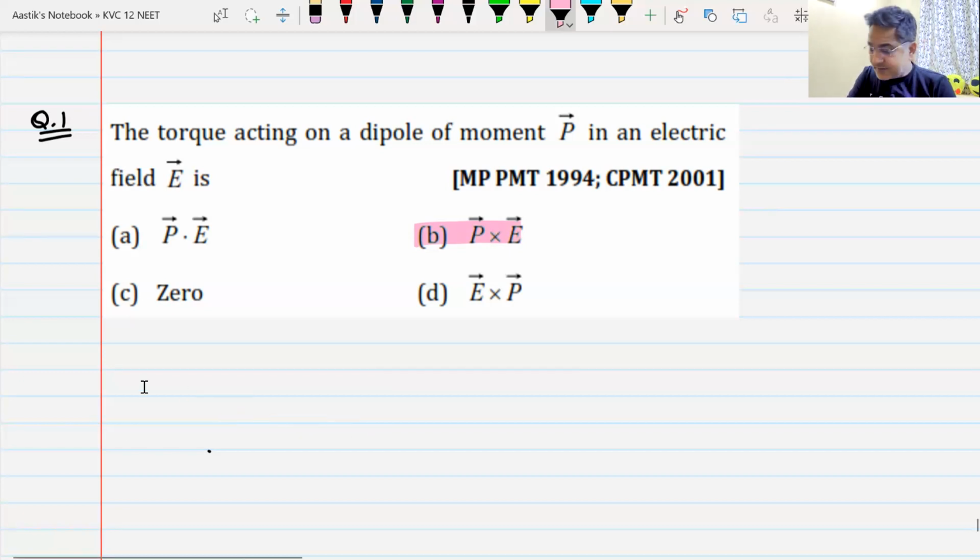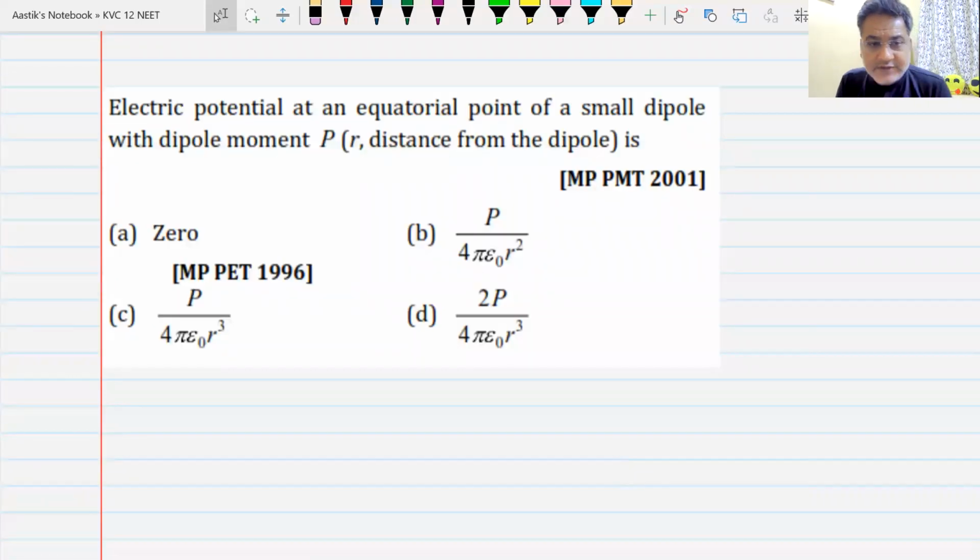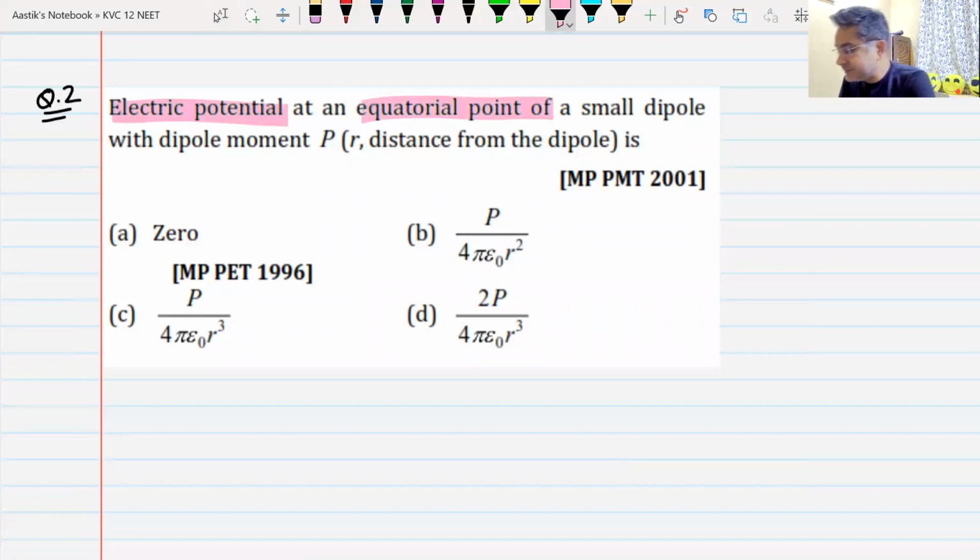Okay, this is the next question. Electric potential at an equatorial point due to a small dipole. Dipole is always taken as small. At an equatorial point, what is the potential?